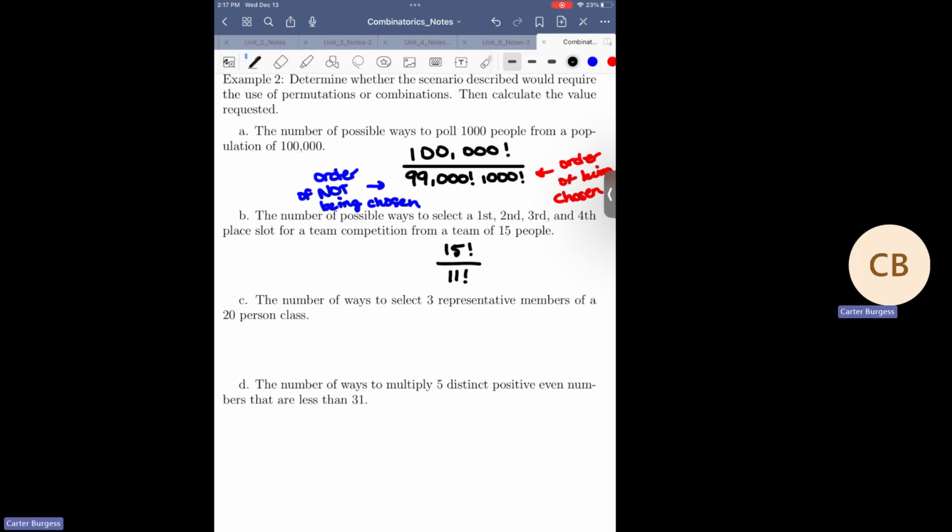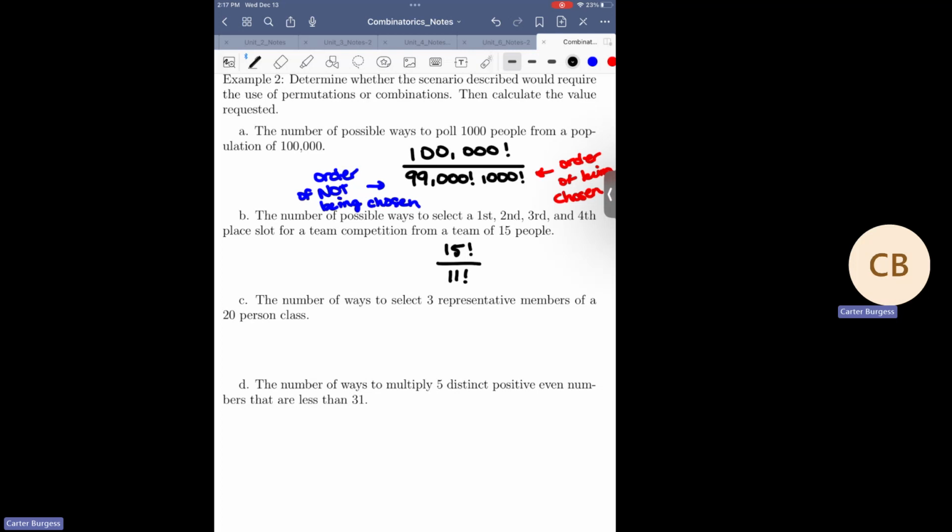Maybe rather than saying just 3 generic representatives, I say that we are picking a president, a vice president, and a treasurer, something like that. Now, all of a sudden, being picked into the president role is fundamentally different than being put into the vice president role, is fundamentally different than being put into the treasurer role. But in this case, 3 generic representatives, order doesn't matter.